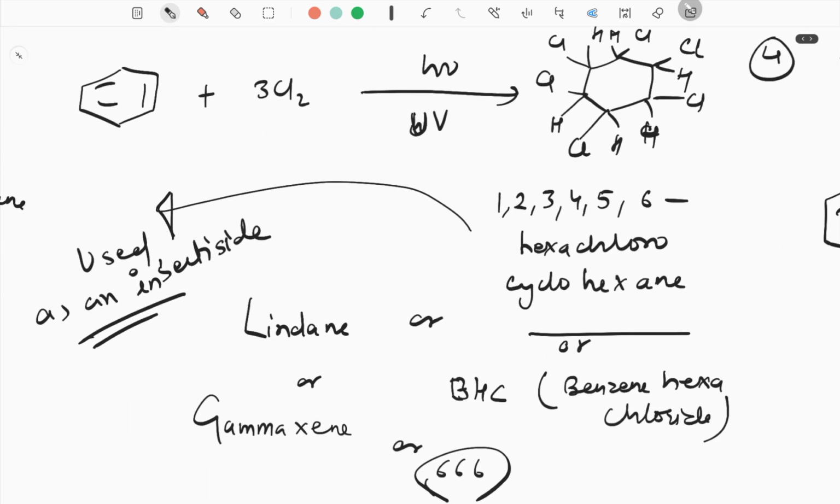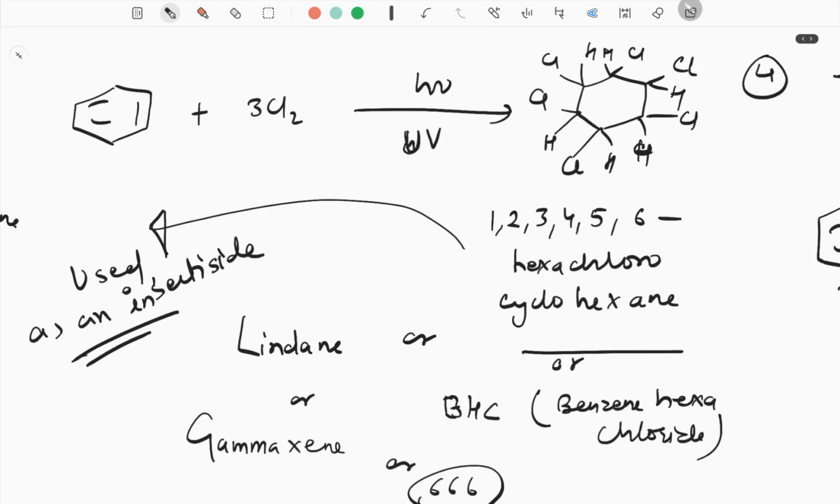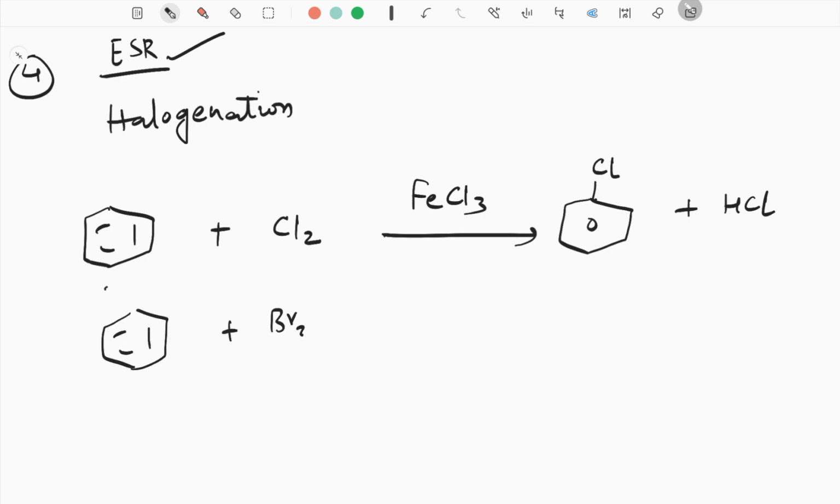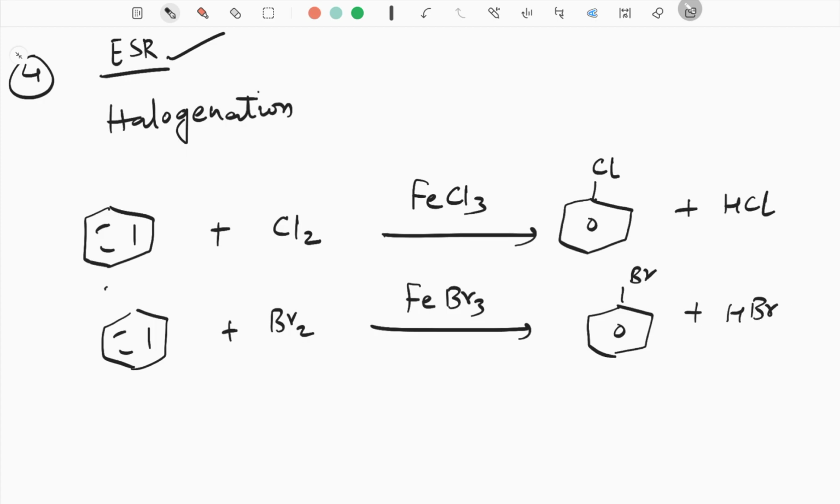In the last case, chlorine is added to each corner and pi bonds are removed. But here Cl will add at one position only and gives HCl. Again, if you add bromine in presence of FeBr3, you will get bromobenzene and HBr.